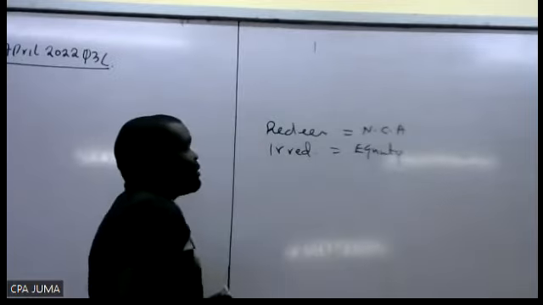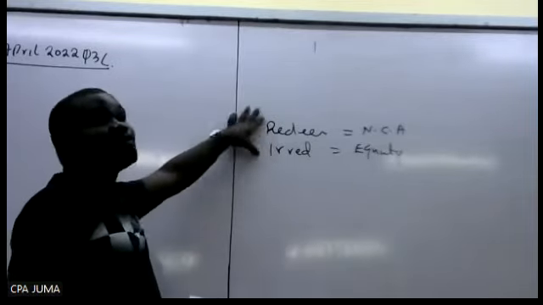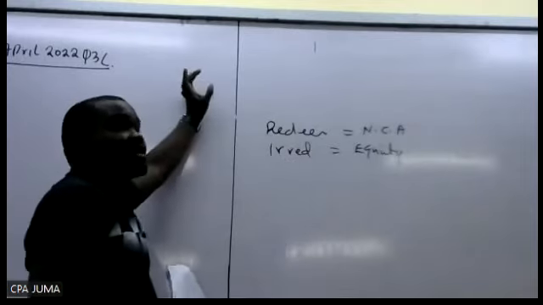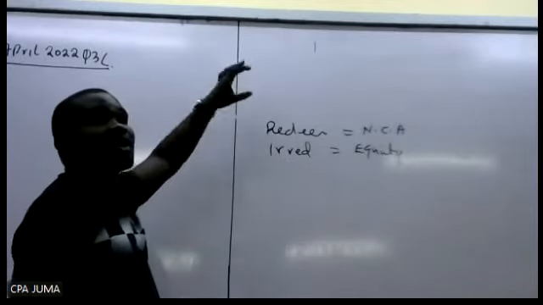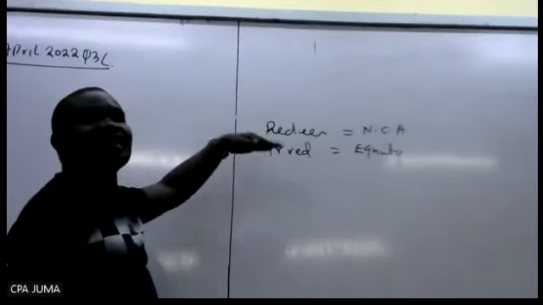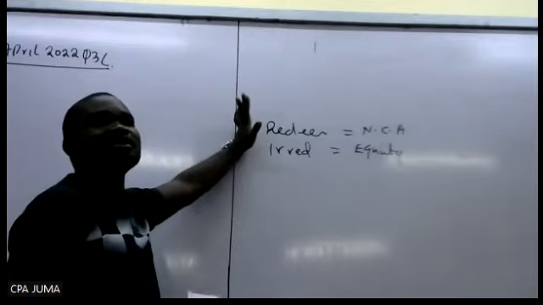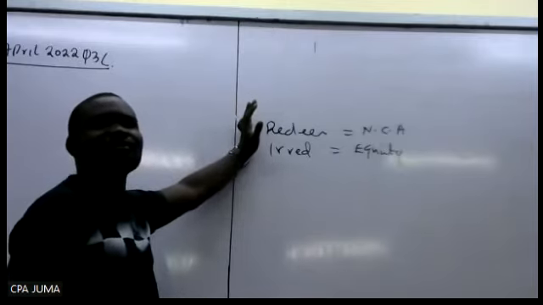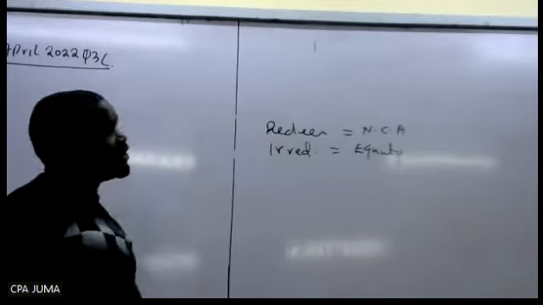Why? Redeemable means these people normally just give you money for some time, like 5 years, then you give them back their money. So it's always more or less of what? A loan. This one, irredeemable, they are there as far as the company remains in existence, until what?